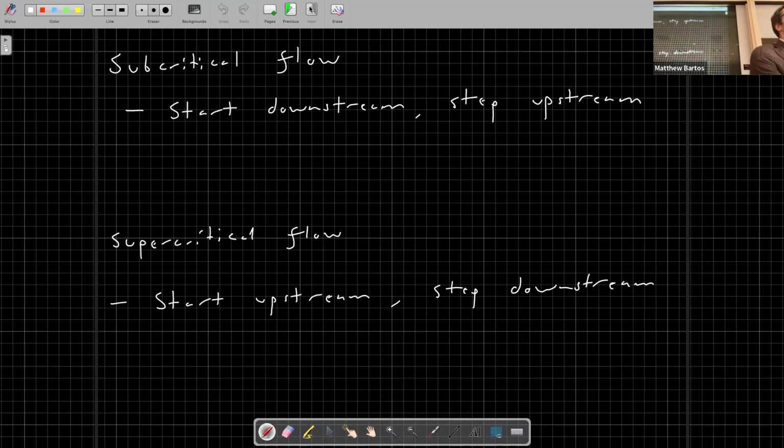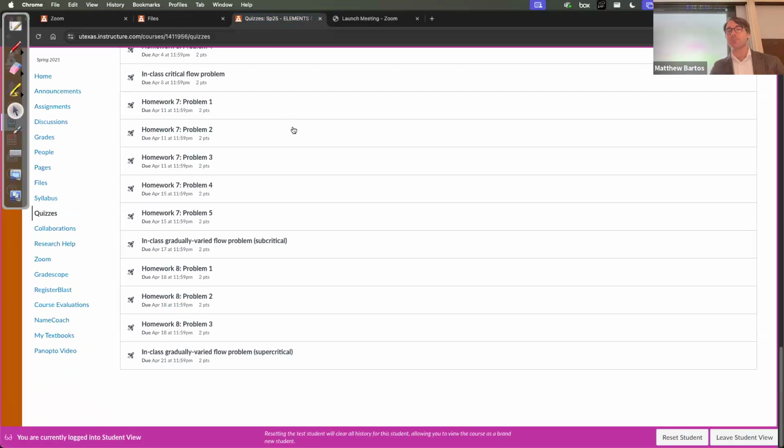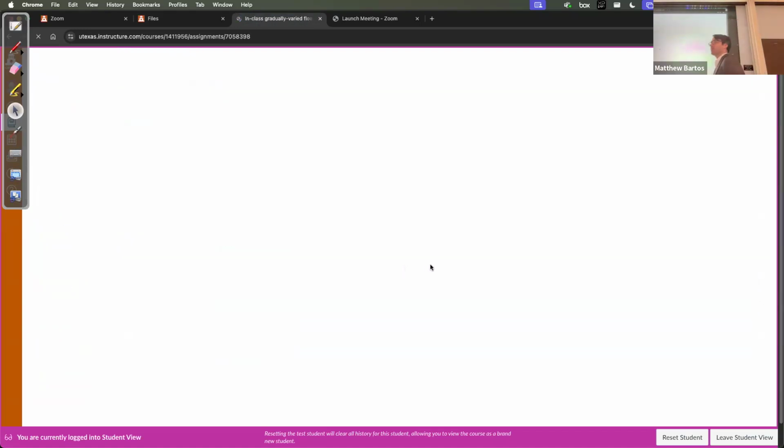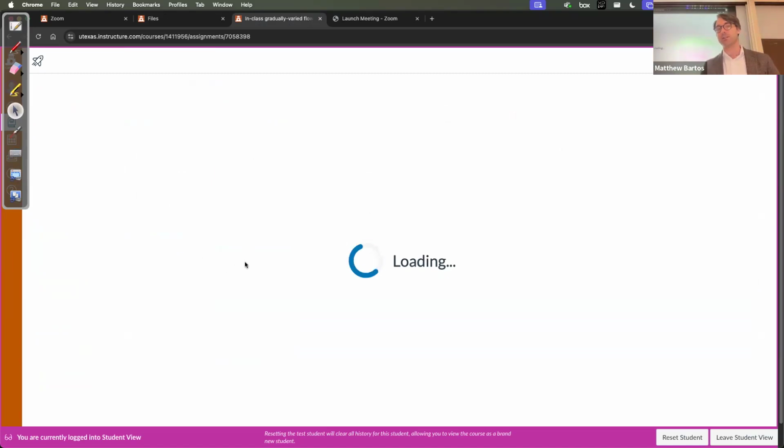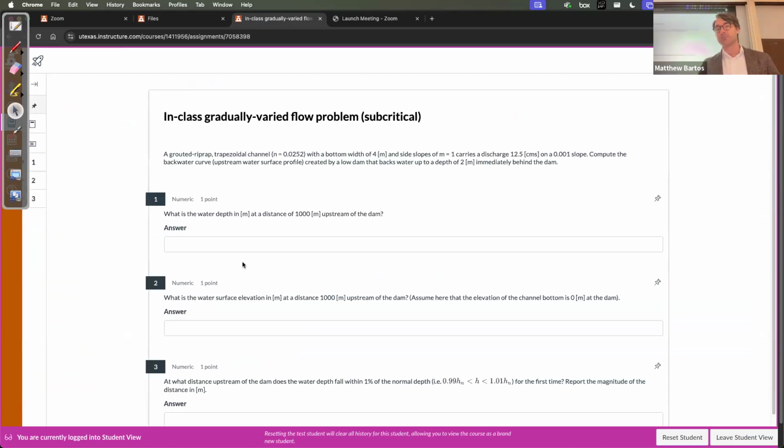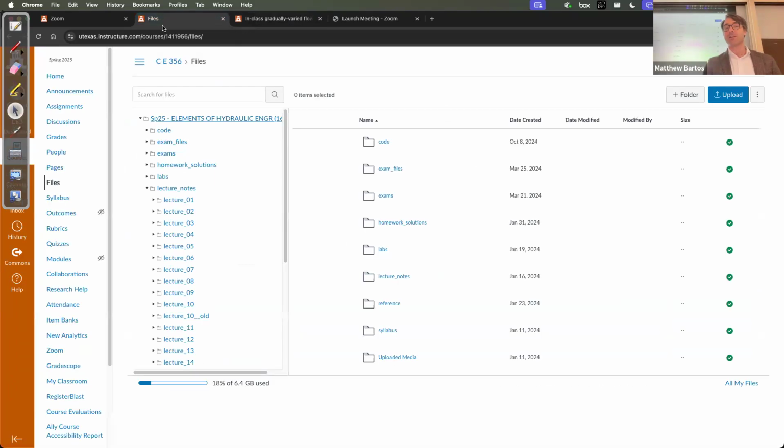So let's go through an example. This is going to be half tutorial and half in-class activity. So the full information for this problem can be found under quizzes, in-class gradually varied flow problem subcritical. And I'm going to start out this problem. You're also going to want the following Excel file.